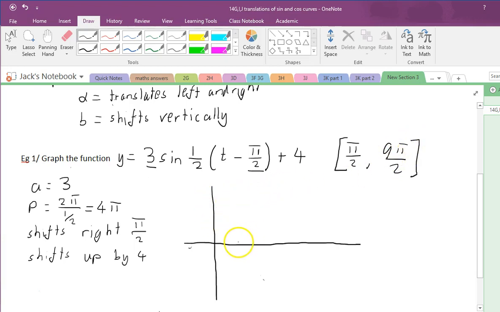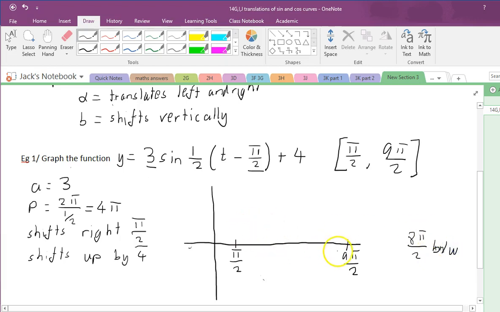Okay, so all you need to do is start off. Your starting point is at pi on 2, so I'd put that in there, pi over 2, and then it goes all the way through to 9 pi on 2, so that means there's 8 pi on 2 between. So between pi on 2 and 9 pi on 2 is 8 pi on 2, or 4 pi.